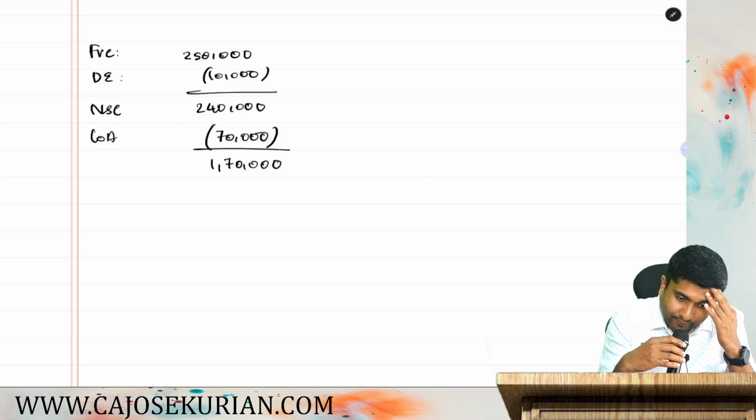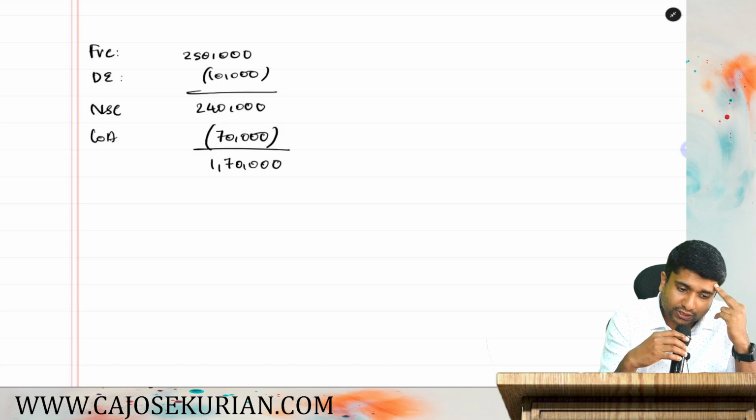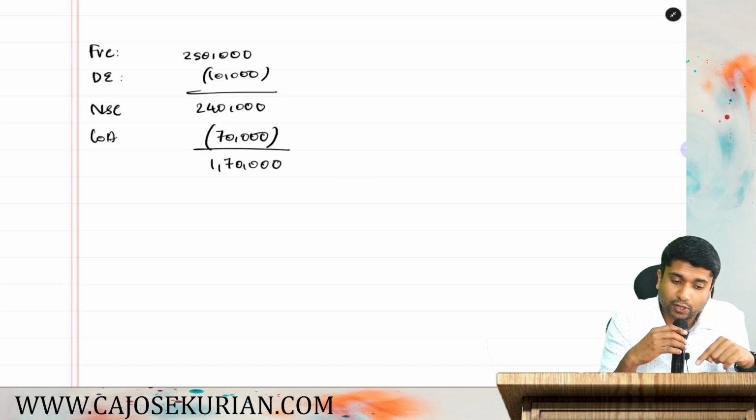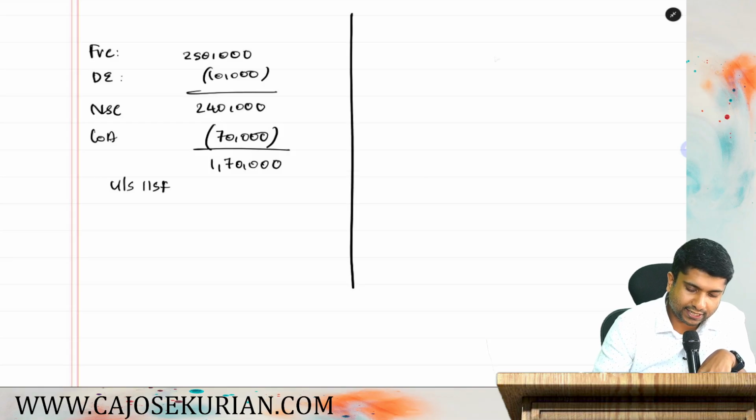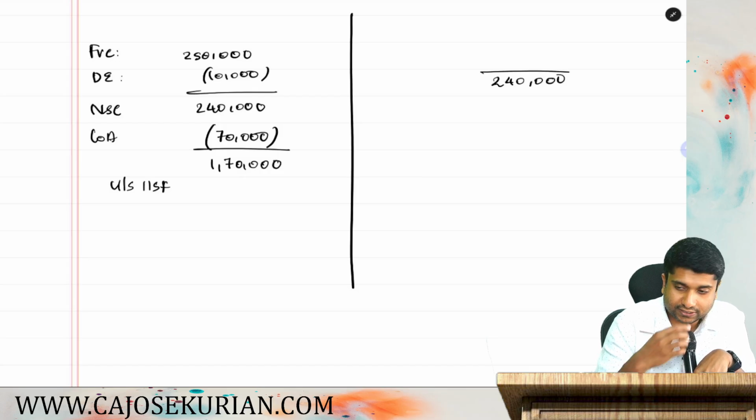Now, friends, listen. Compute the capital gain if you have deposited in specified asset 1,50,000 out of sale consideration. So, 115F exemption, let's compute. How do you compute 115F? Out of net sale consideration of 2,40,000, how much you have invested in the new asset?